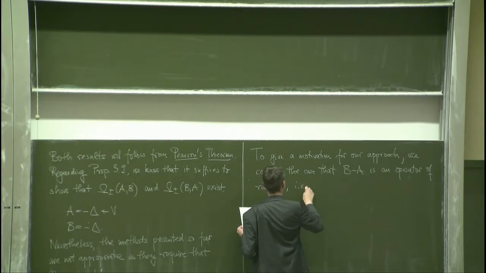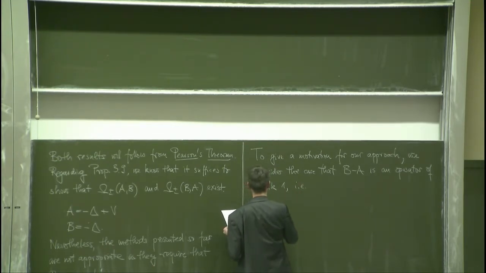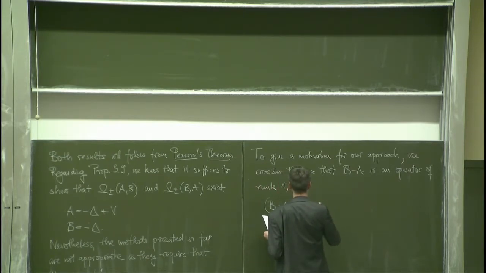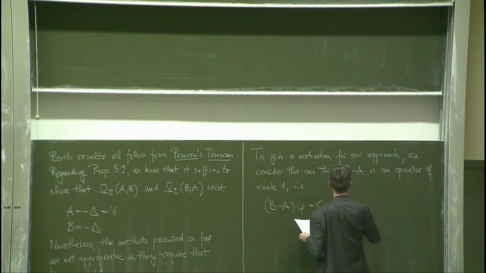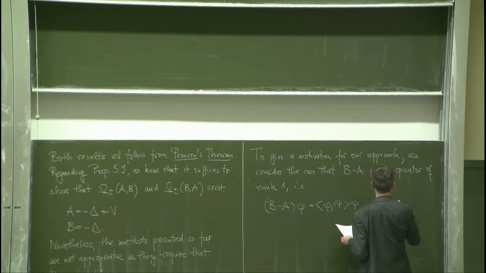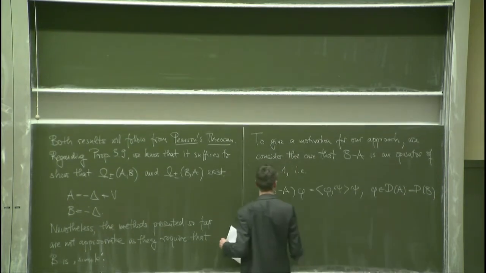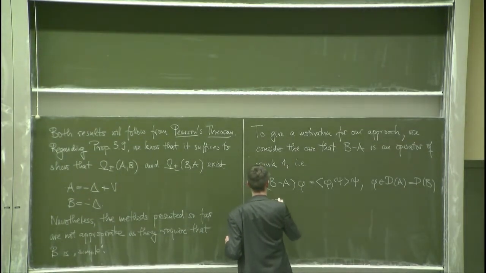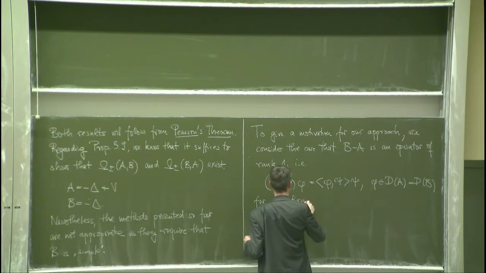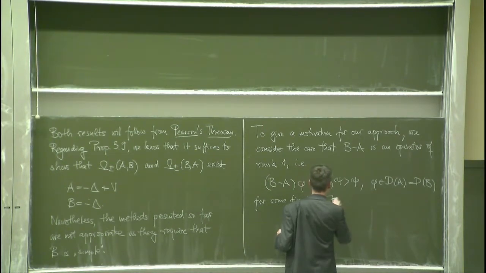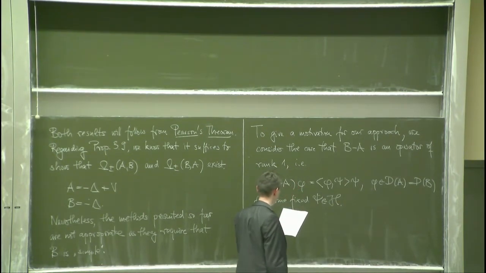Yeah, and this means that the difference B minus A applied to a function phi simply is the scalar product phi psi times some psi, for phi in the domain of A and B and for some fixed psi in the Hilbert space.